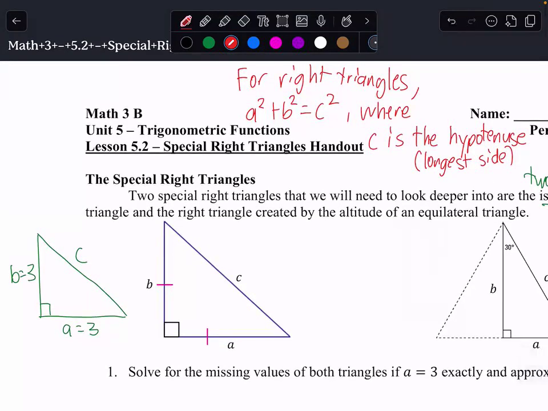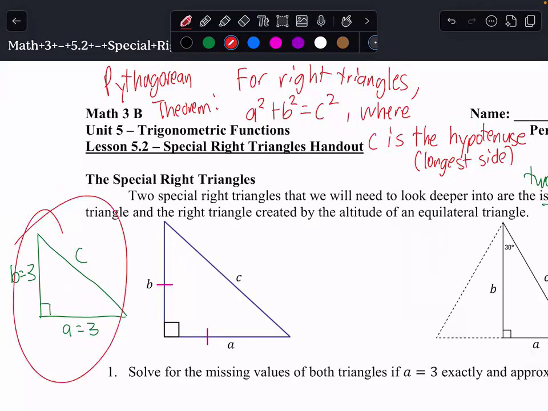Again, this is known as the Pythagorean theorem. We can use this to solve for the missing side of the right triangle over here.